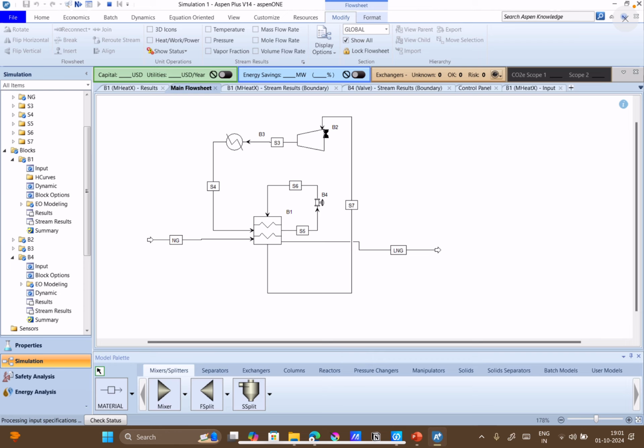Then it will give an error in your compressor part also. Similarly, if your intermediate temperature S5 is selected too low or too high, then a temperature crossover of hot and cold streams inside the M heat exchanger can also happen. So that sort of error you will face.